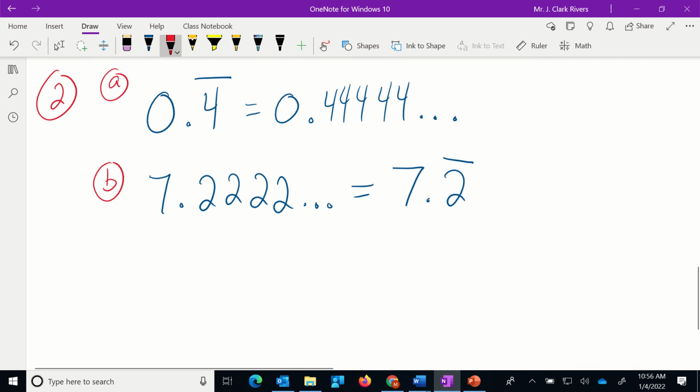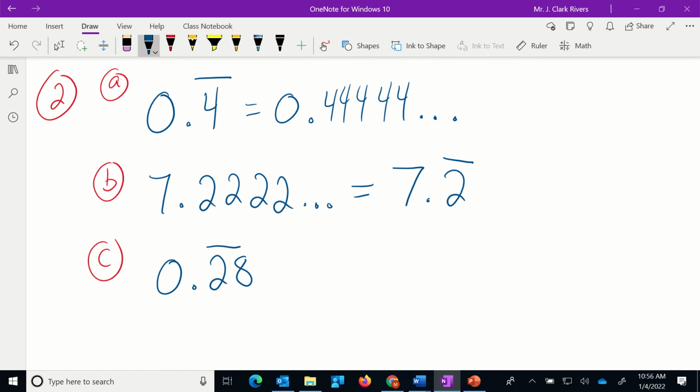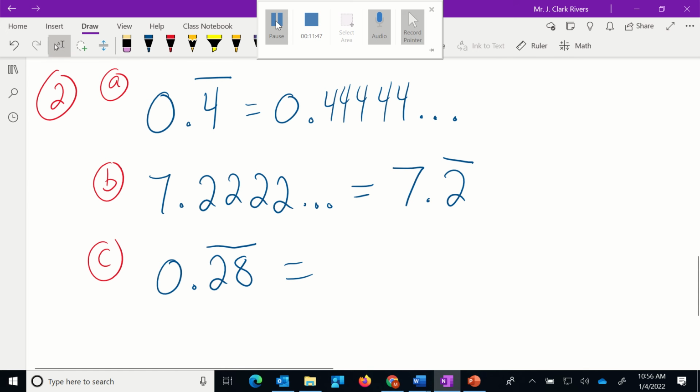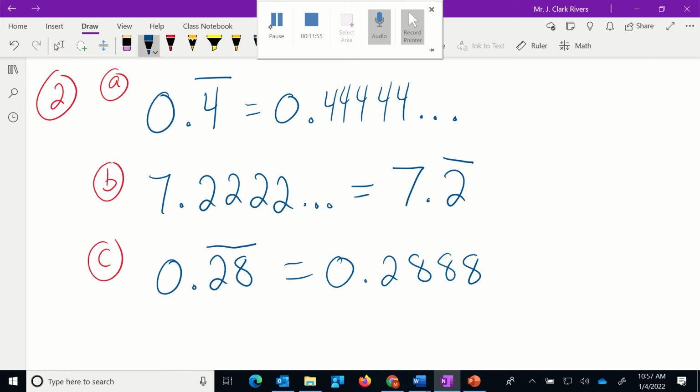Let's try another one. C. What if we had 0.28 with the bar over the 2 and the 8? See if you can figure out what that would equal. Okay, so 0.2888, here's the problem with this.